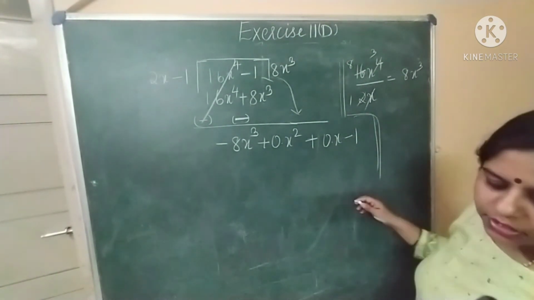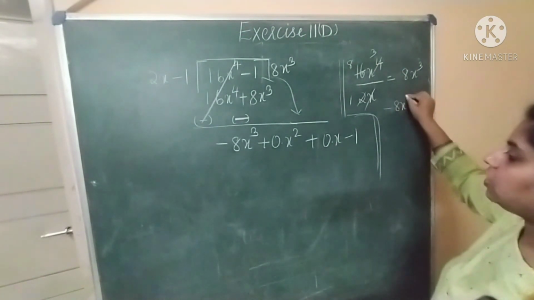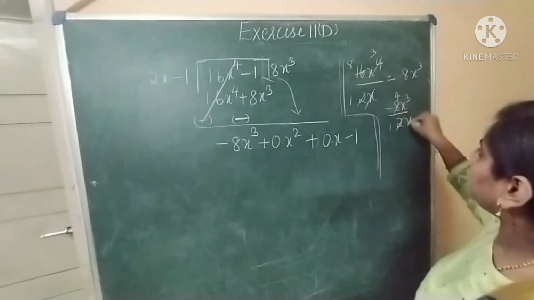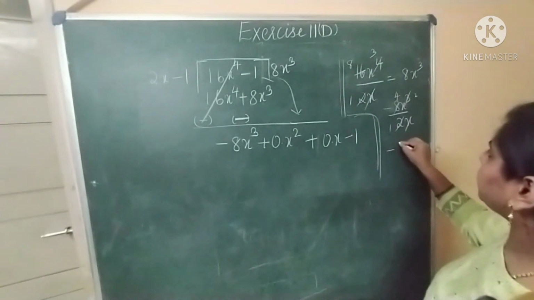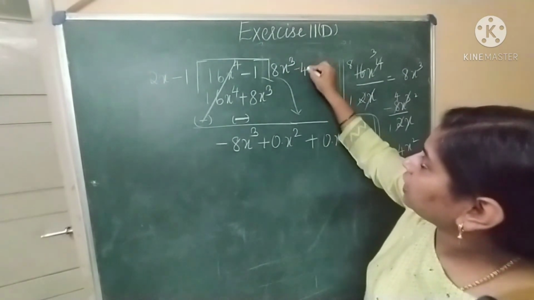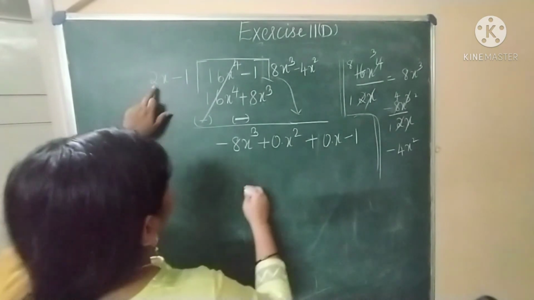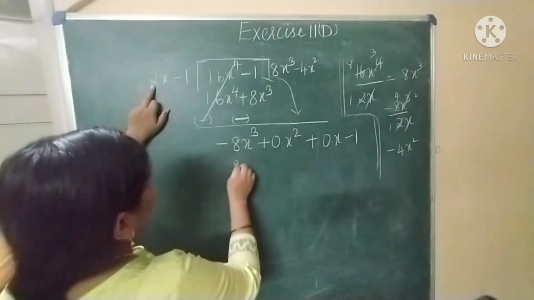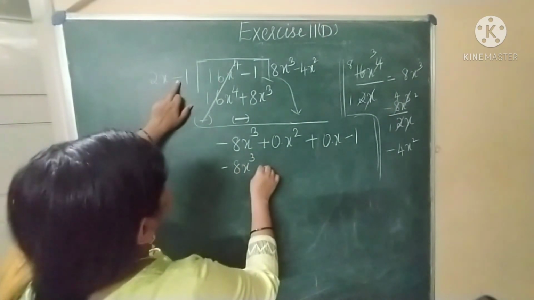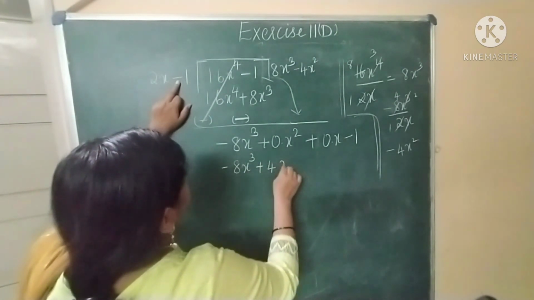Now again we will start the division since the remainder is not 0. Take minus 8x cube divided by 2x. 2 fours are 8, and x remains with square. So minus 4x square will remain. Then 2 fours are 8, minus into plus is minus 8x cube, and minus into minus is plus 4x square.